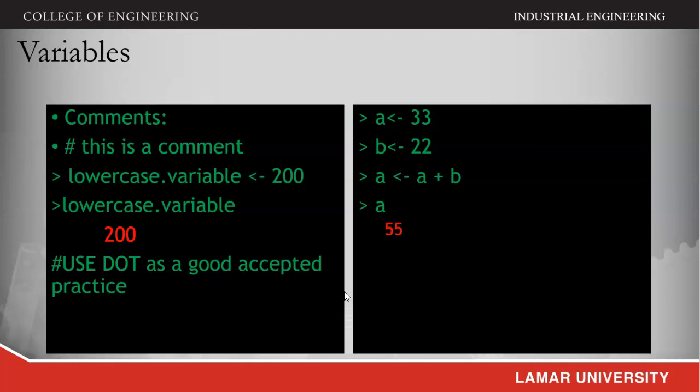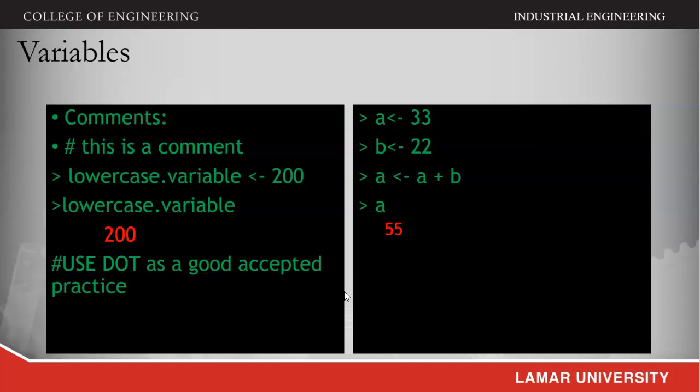A common practice is the use of lower case with dots to specify variables that are meaningful for us. So while it's easy to type in A, B, C as variables, maybe it's a better idea to have some level of descriptive notation when we're using variables, because for purposes of documentation that makes our life easier.